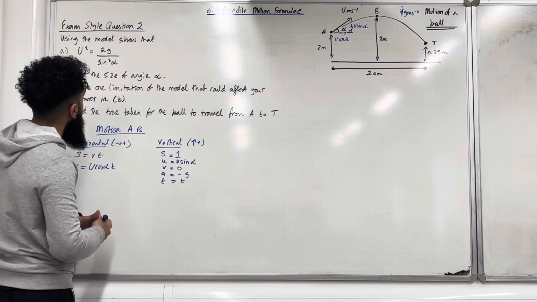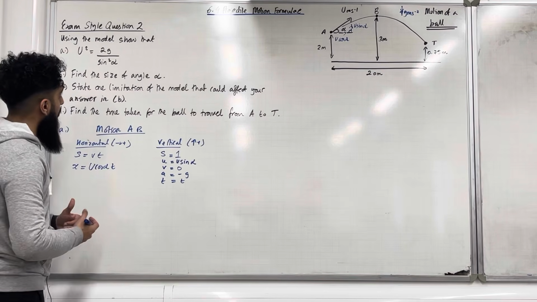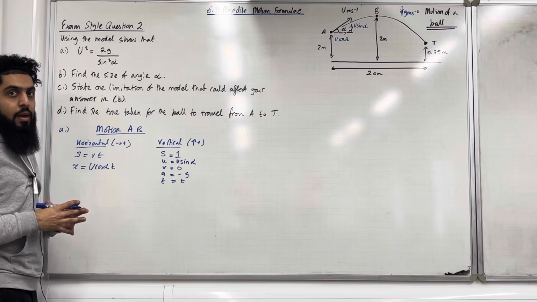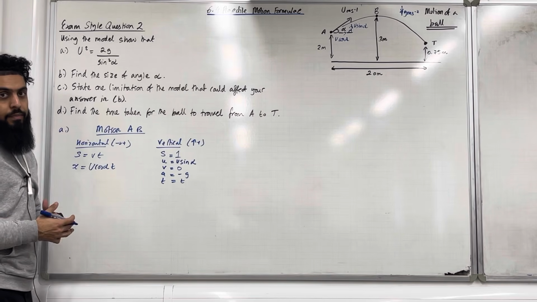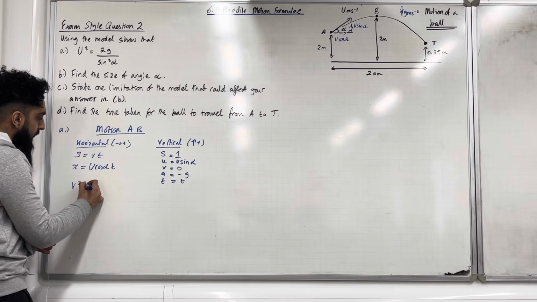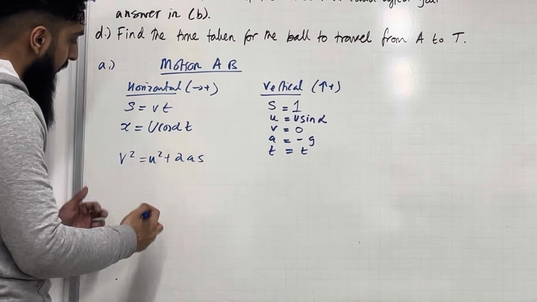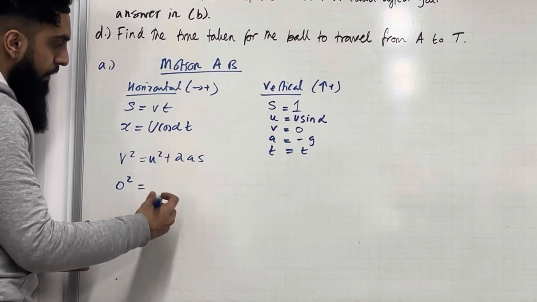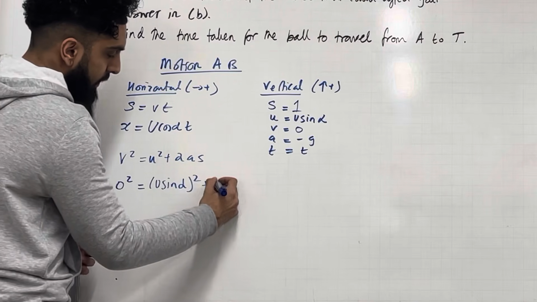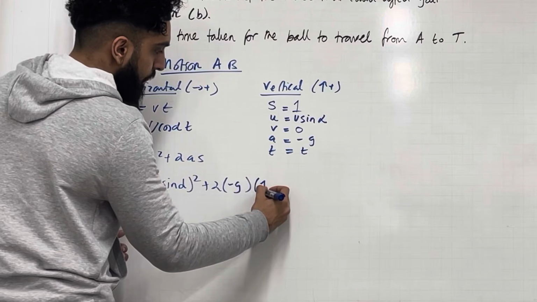Okay, so what we want is this particular result over here. How do we get this? Well, if we go back here, there's no t's involved. So I want to use a SUVAT formula that is independent of t. And that SUVAT formula that I can use in this particular scenario is v squared equal u squared plus 2as. So we have 0 squared equal u sine alpha squared plus 2 multiplied by minus g multiplied by 1.